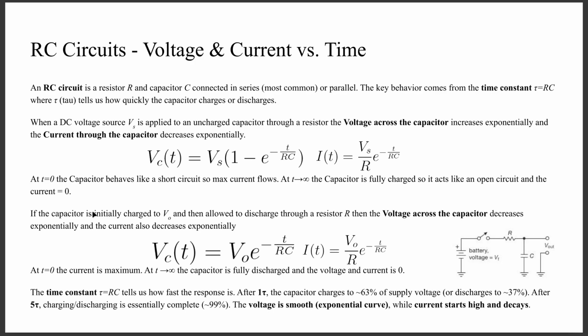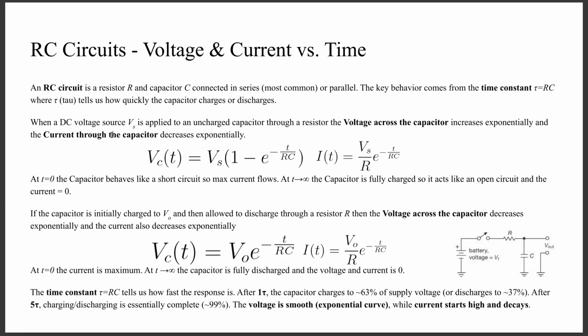RC circuits, voltage and current versus time. An RC circuit is when a resistor and capacitor are connected in series or in parallel. Their key behavior comes from the time constant tau equal to RC, where tau tells us how quickly the capacitor charges or discharges.